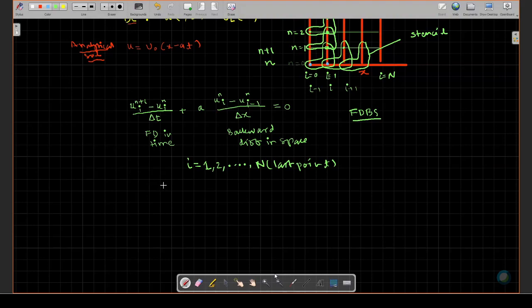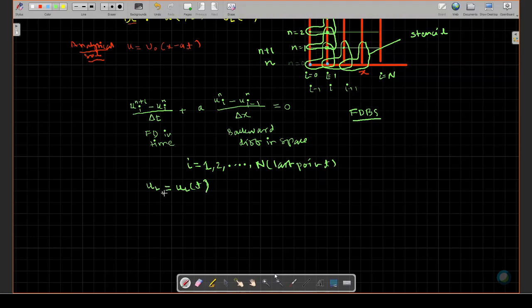So at the boundaries, you have u_L. This u_L will be specified as some function of x and t, that we have specified. Now what is to be done with this?